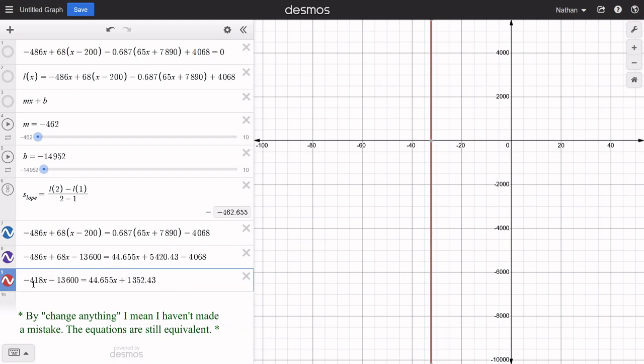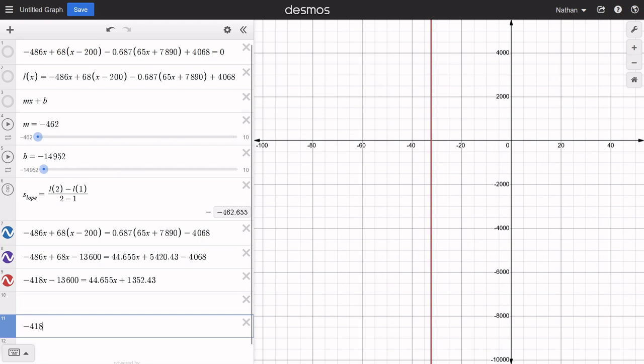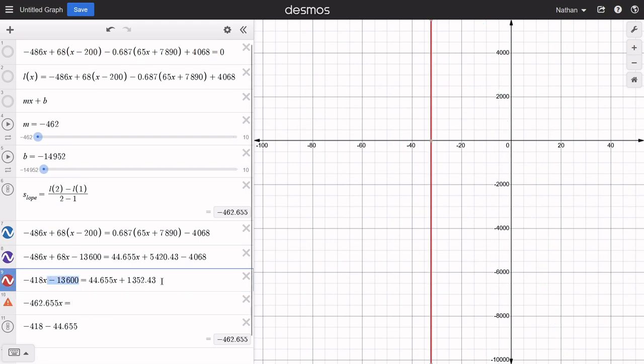And now I can get the x's to one side and the constants to the other side. I can subtract this value to this side. So when I get negative 418 minus 44.655, negative 462.655x equals, and now I'm going to add this value to this side.